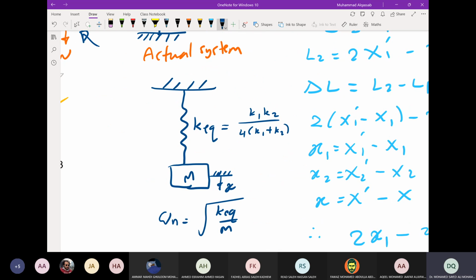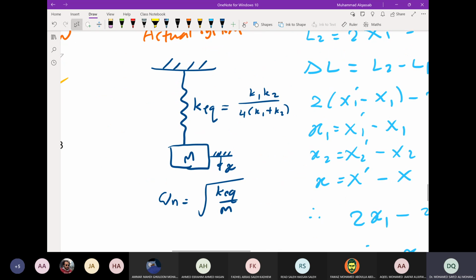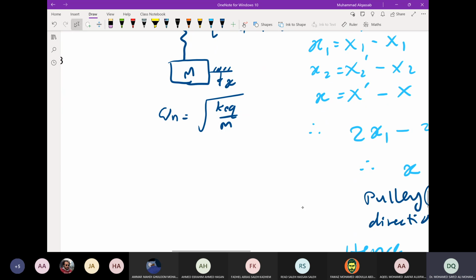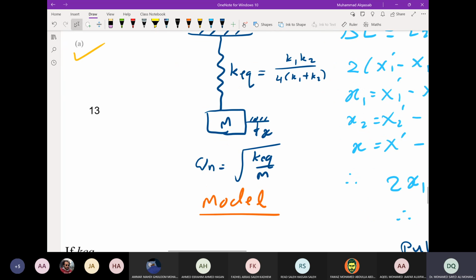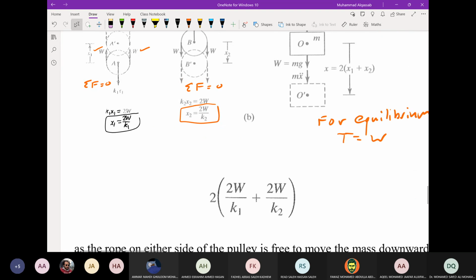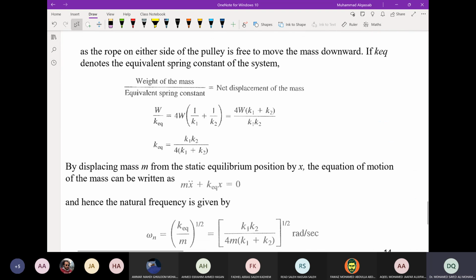Okay, so we reach the model. This is the actual system with the pulley system, and this is the model. And for the model, we know that omega n equals the square root of K over M. So he's deriving the same thing.